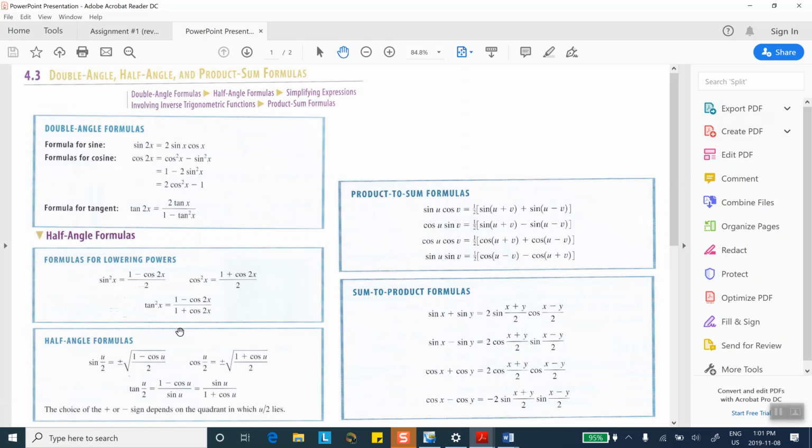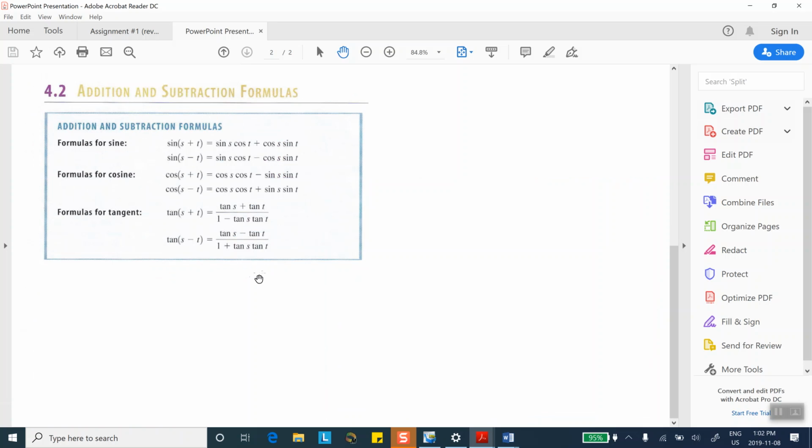If you look at, for example, the left boxes, the middle one, the one which says tan squared x equal to 1 minus cos 2x, etc. Just remember the one that I want is this.